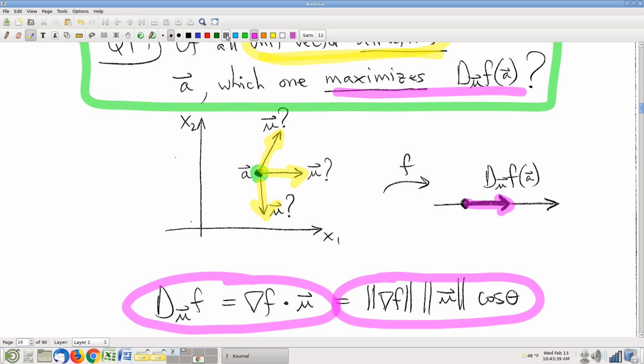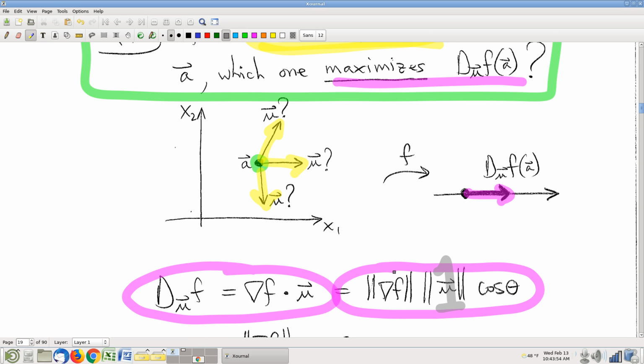Well, here's another thing. The magnitude of that unit vector is clearly 1, which is constant, so I can scratch that factor off. Here's the other thing: the magnitude of the gradient. Look, I'm at this point. That's where I am. The gradient vector is, I don't know, something like this. There's that gradient vector.